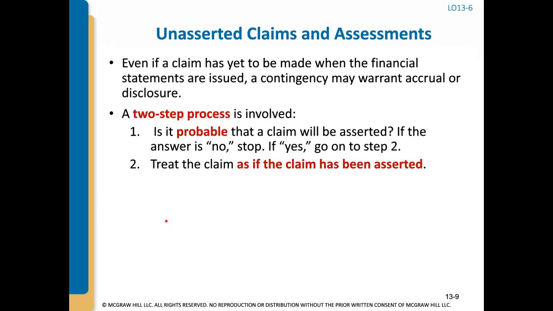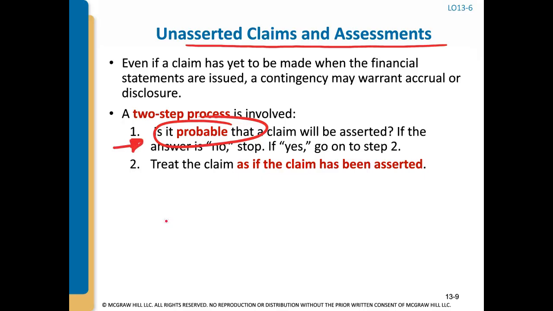Sometimes companies have unasserted claims and assessments, meaning a claim has yet to be filed, but if the company believes that it's probable, so just probable, that the claim will be filed, then it has to go through the steps to see if it should record a loss contingency as if it has been filed and it's probable.